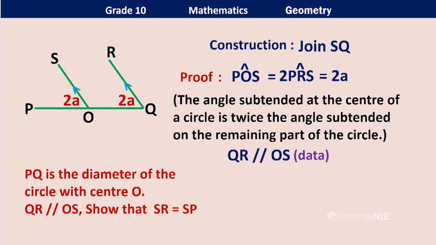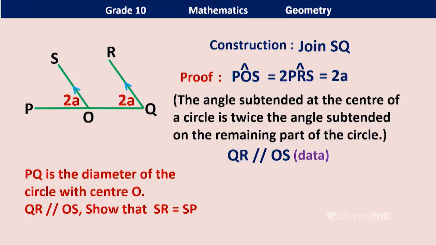Once again, I have taken part of the figure to make it simpler. Therefore, we can say since OS and QR are parallel and since the angle POS is equal to 2A, you can say that the angle PQR is also equal to 2A. What is the reason? Those are alternate angles.